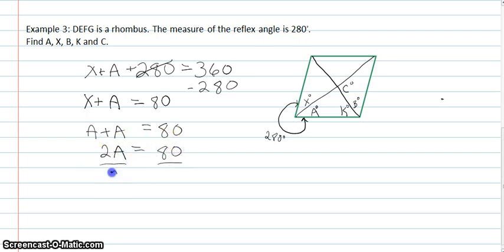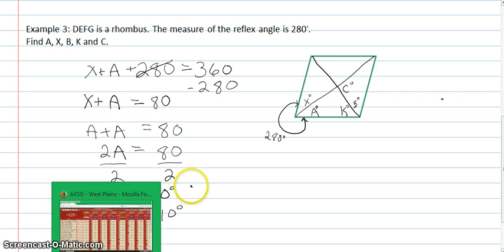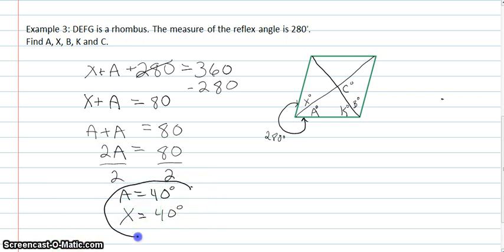And then I divide by 2. So a equals 40 degrees. And also that tells me that x equals 40 degrees. So I found x and a, but I still need to find what k, b, and c are.